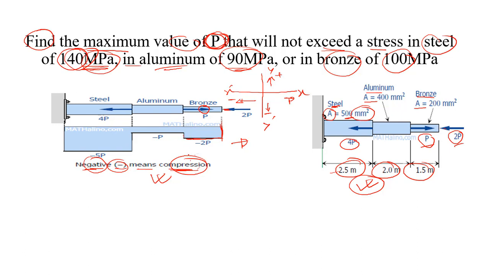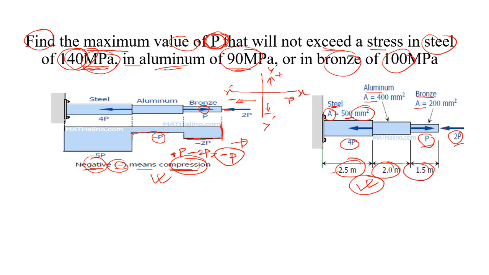So if we write this, P positive minus 2P equals minus P. This is minus P, and then there is no other load, so it will go as a straight line.